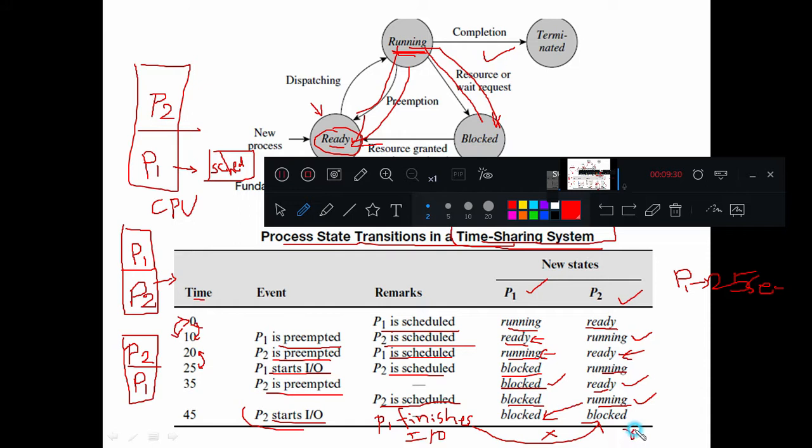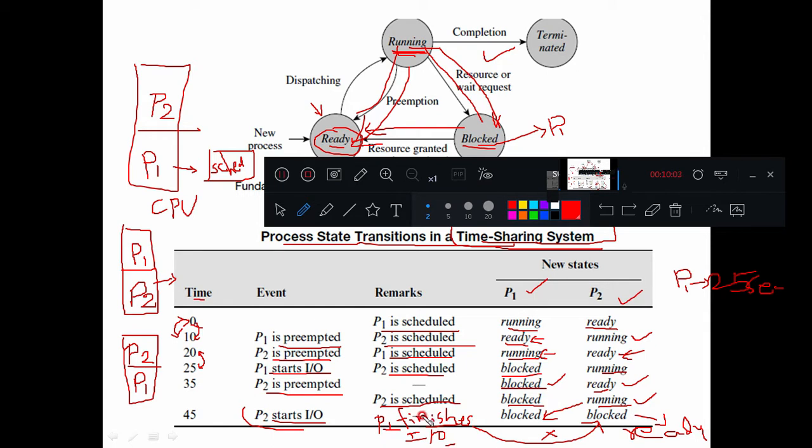P1 was in the block state before the completion of IO, right? So once P1 finishes its IO operation, it will be changed from block to ready state, right? So it must be ready when the remark is that P1 finishes its IO.